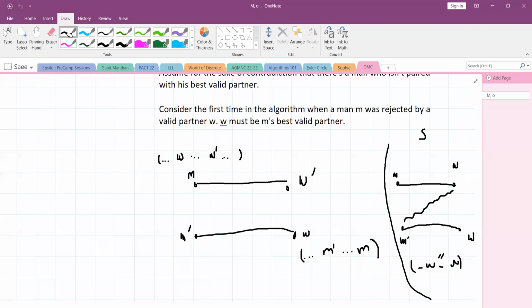Another interesting result is that even if a man or a woman submits a fake preference list, maybe they have some actual preference list but they submit something else in hope of getting a better partner, surprisingly, this cannot happen.